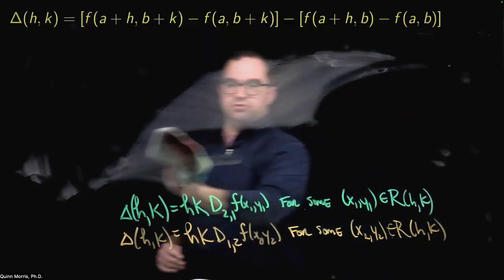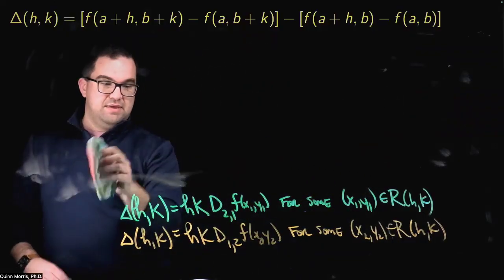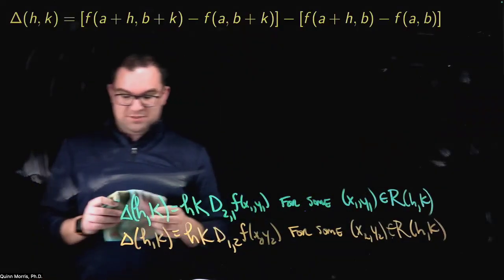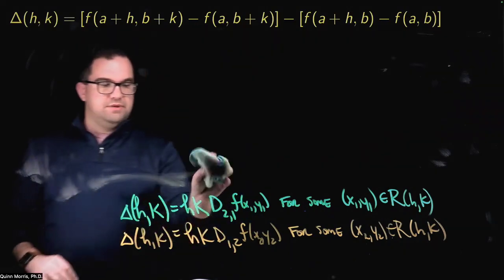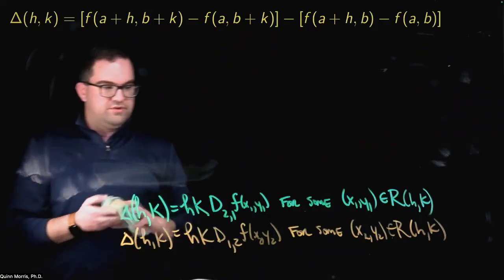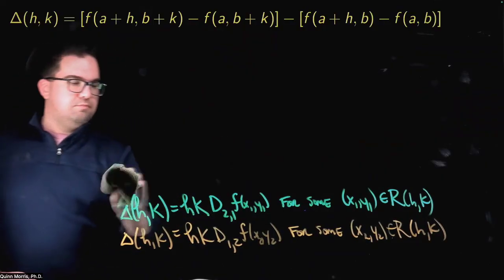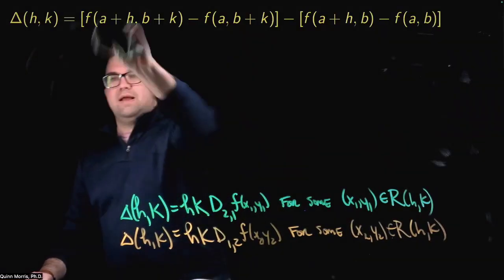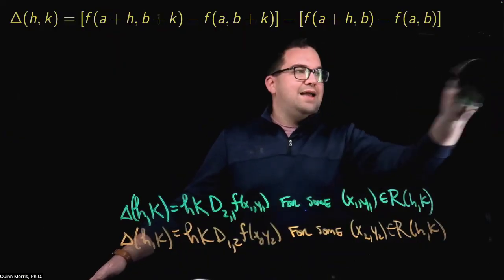I have that the mixed partials are equal to each other. Well, we have to be a little bit careful because there are some mixed partials that are equal to each other, but these are at different points, potentially, right? So we've somehow got to rectify the fact that right now we have equality of mixed partials, but those mixed partials are being evaluated at different points. And we really want them both to be equal at a, b.